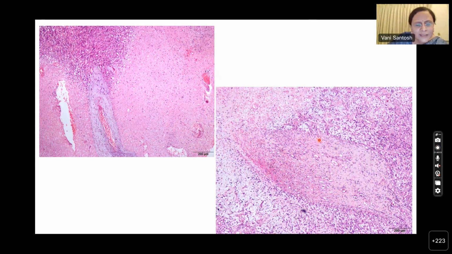You see that? There is recanalization happening. Actually, even the clinician will tell us while operating that there were huge thrombosed veins on the surface of the tumor. So this is another vascular change, and because of this you see this confluent necrosis, large areas of necrosis. So we saw sprouting angiogenesis, microvascular proliferation, sclerosed thrombosed vessels, and confluent necrosis.